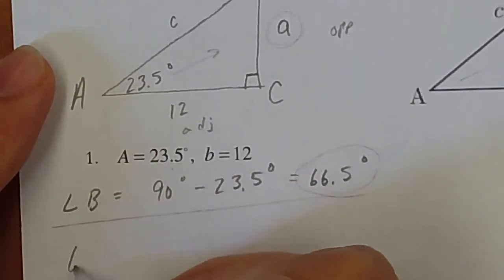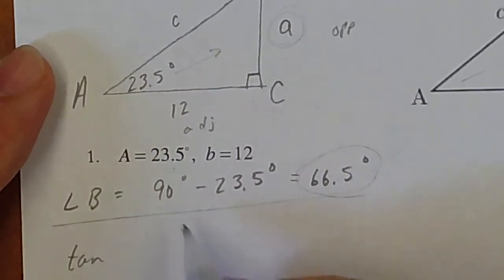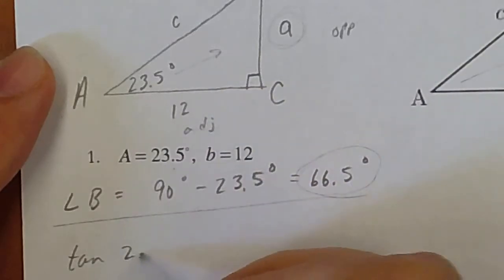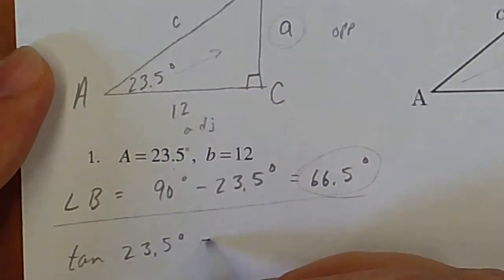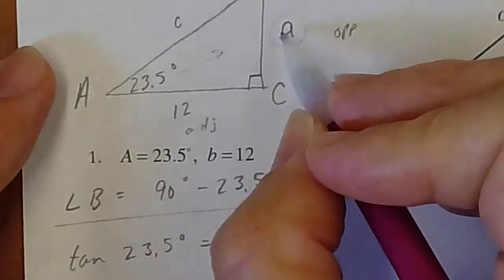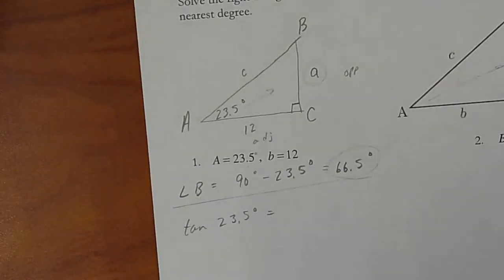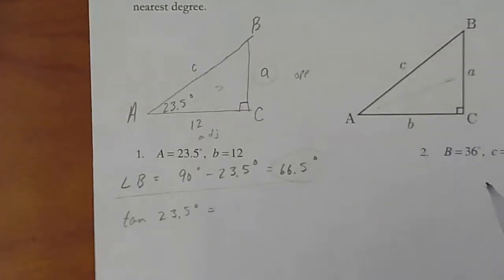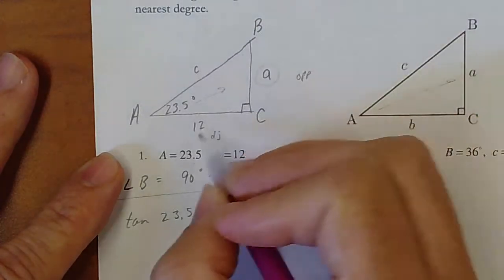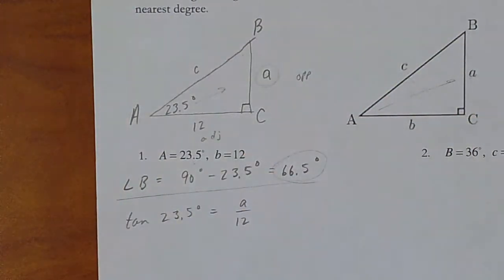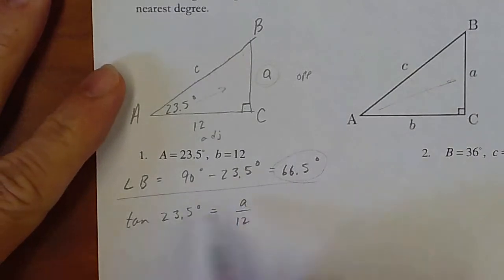Okay, so tangent of angle A, 23.5 degrees, equals side A over 12. All right, we did this in section, I want to say 4.4. We did a lot of the SOHCAHTOA rules, maybe 4.3. Okay, all right.